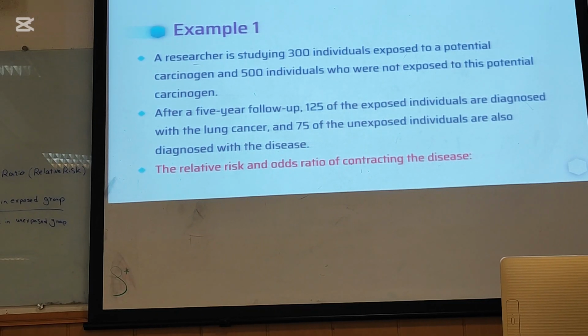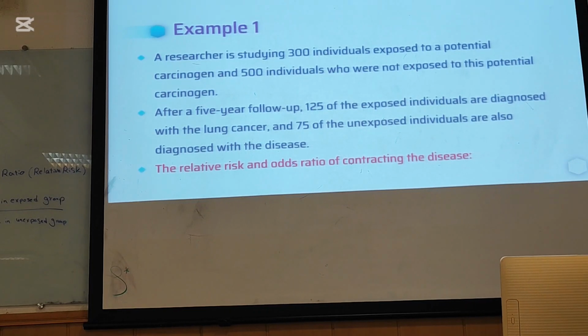After 5 years of follow-up, a number of exposed people are diagnosed with lung cancer, and one of the unexposed individuals is also diagnosed with the disease. Please calculate the relative risk and odds ratio of contracting the disease. Please write the answer.